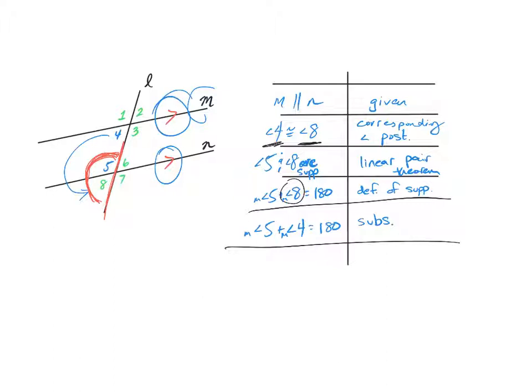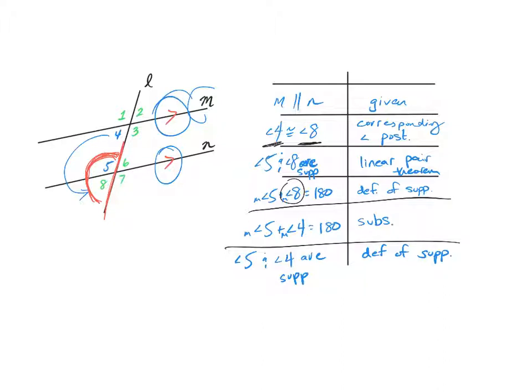Oh, and then I can say, hey, if those guys add up to 180, then angle 5 and angle 4 must be supplementary. Because if they add up to 180, that means they're supplementary thanks to the definition of supplementary. We know what supplementary means. Cool.